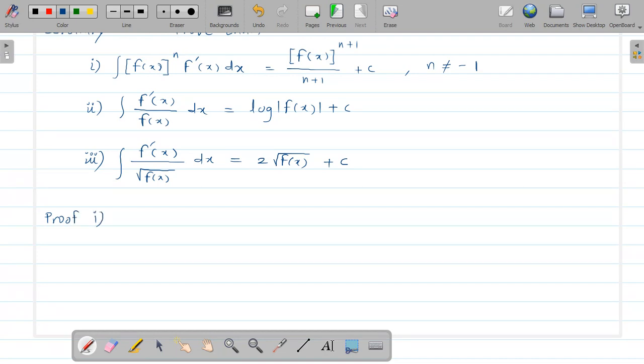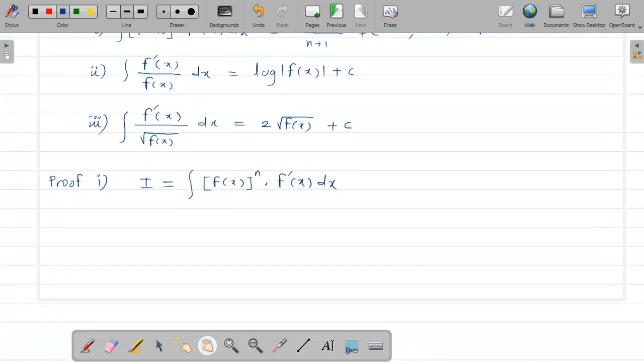In that, what we have to evaluate? We have to evaluate the integration of f of x raised to n into f dash x. Now we will solve this integration by using the proper substitution.